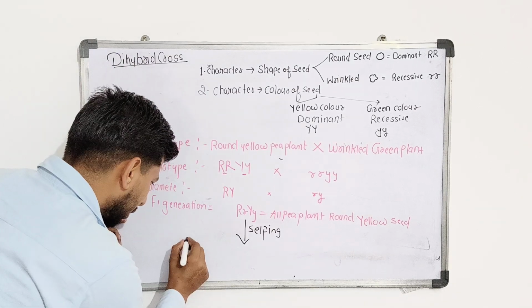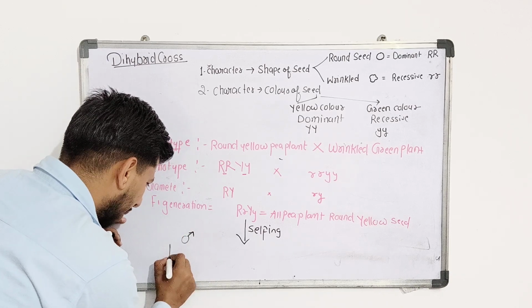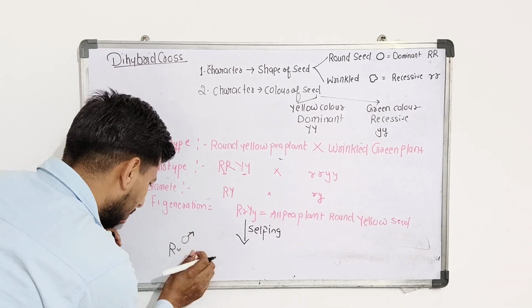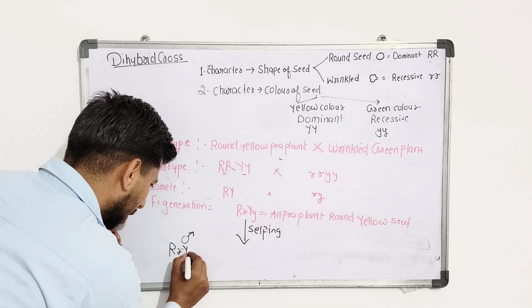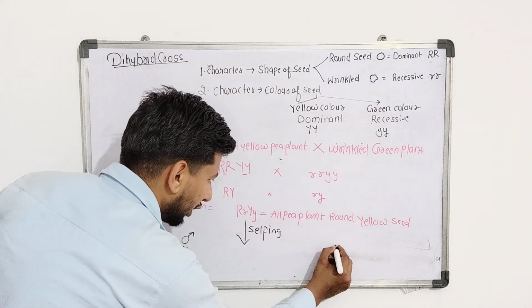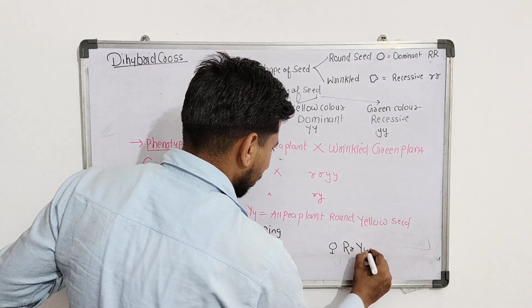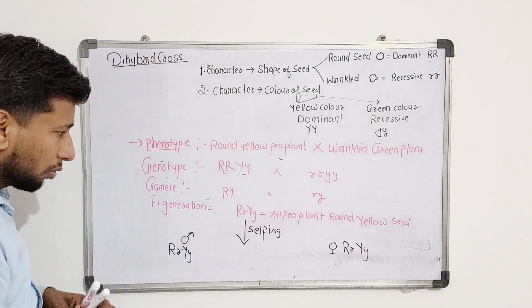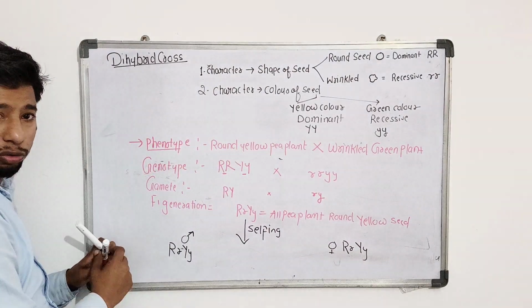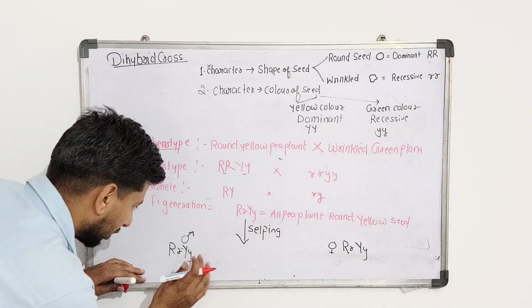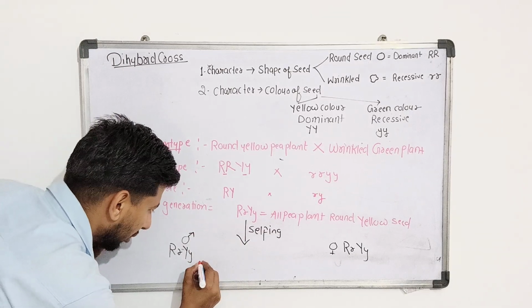Now this is considered as male, capital R small r, capital Y small y. One time we consider it as a female, capital R small r, capital Y small y. Now four types of gametes will be produced here. We will follow the fork line method.